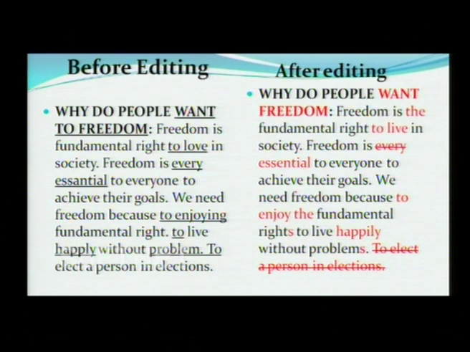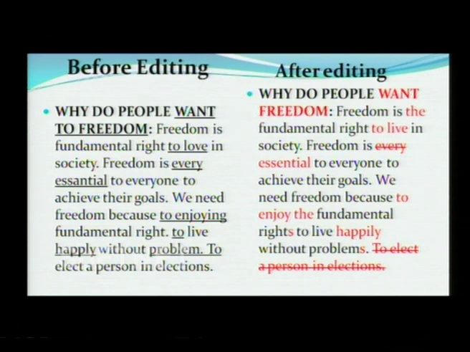Freedom is fundamental right to love in society. So it's also an unnecessary word. Instead of writing "live," he wrote "love." That's why we corrected it as "to live in society." Freedom is every essential to everyone. "Every" is also an excess word, that's why we striked it off.